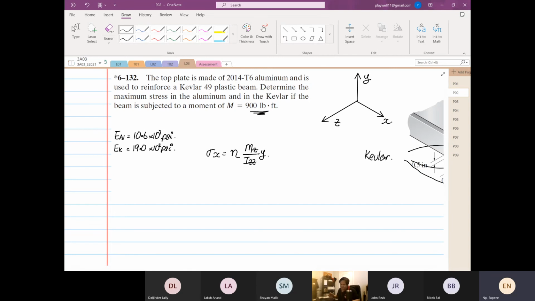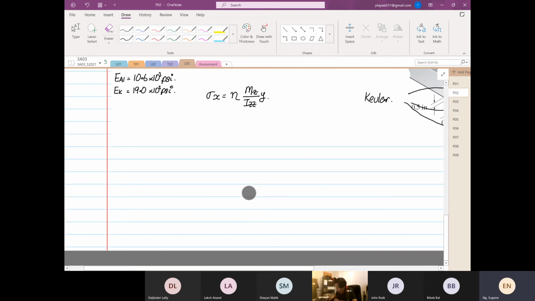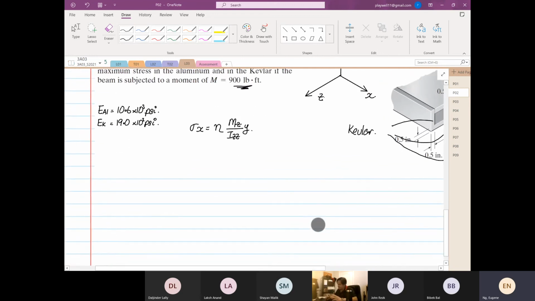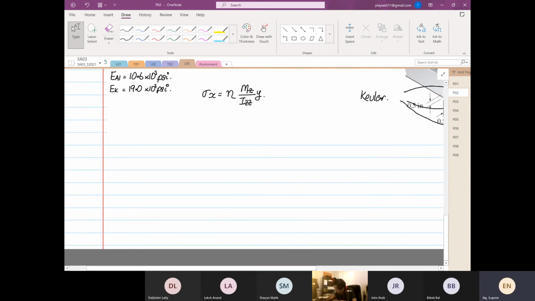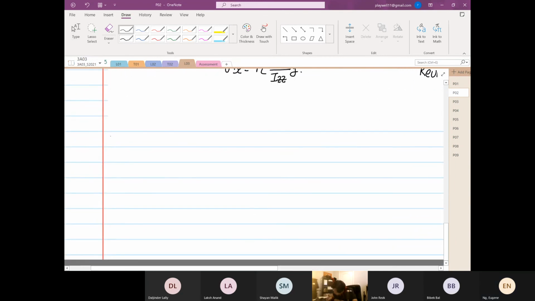So we decide what is the reference material to use. Okay, we decide. So for this case, I'm going to use the reference material to be aluminum.